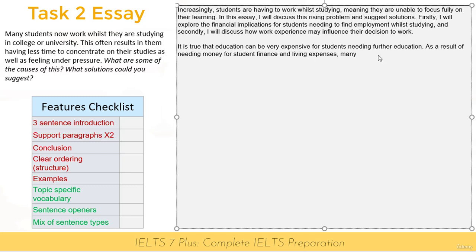Let's use undergraduates. That's more specifically for universities, but again, topic-specific vocabulary. As a result of needing money for student finance and living expenses, many undergraduates are needing to find new revenue. Let's not say new revenue, that sounds strange. I'm needing to find work. Let's just say find work.